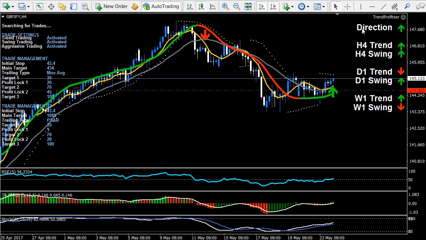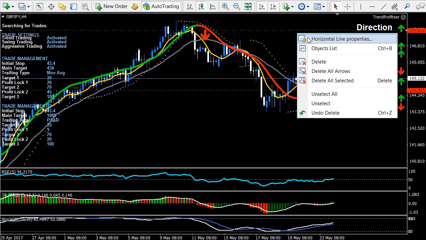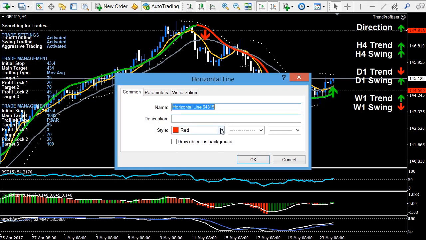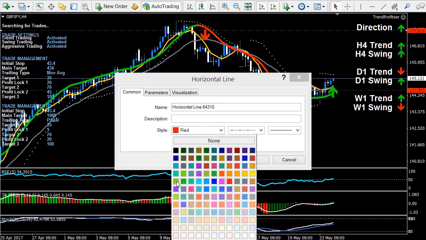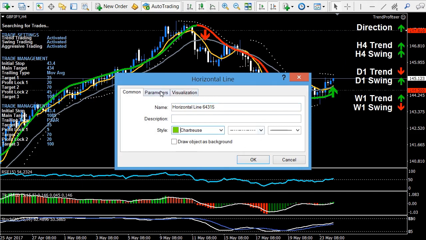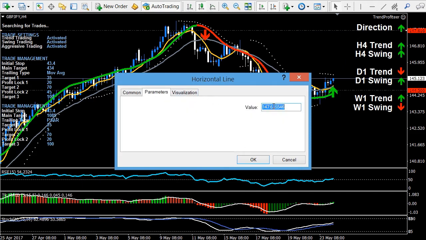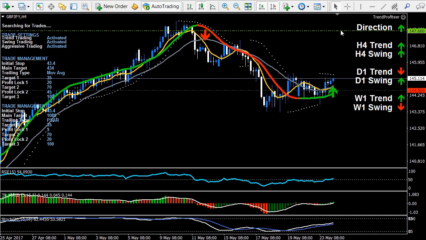On the other side, we have reward. So let's say we wanted to place reward close to this high. Let's just place it around here, and we'll change this to green, and we'll set that to 147.60.